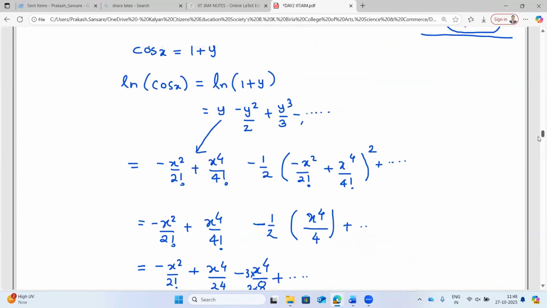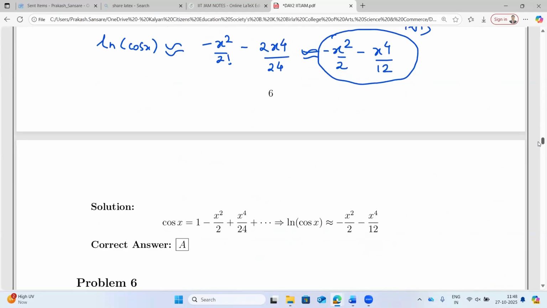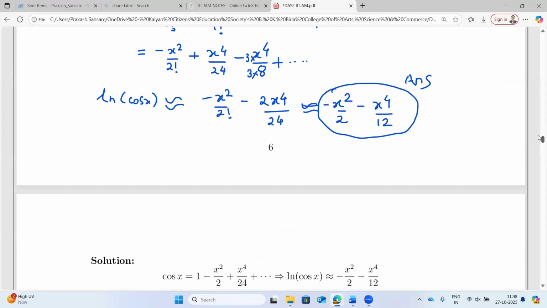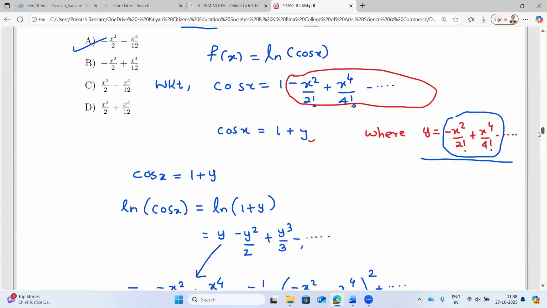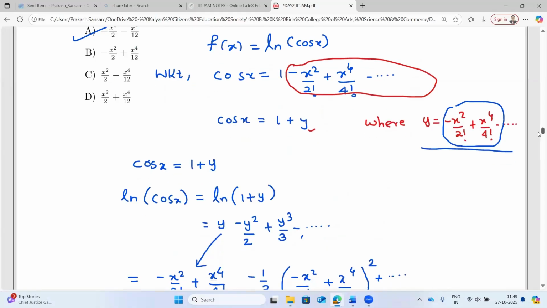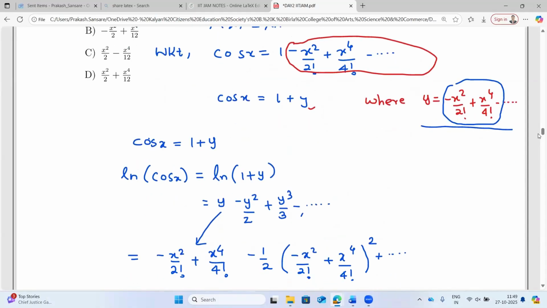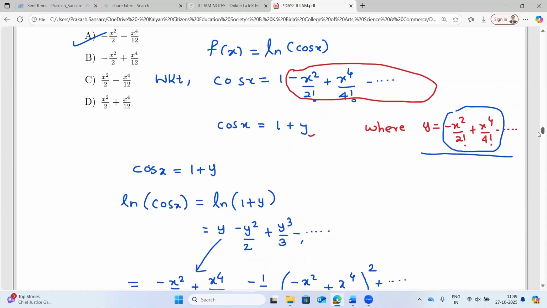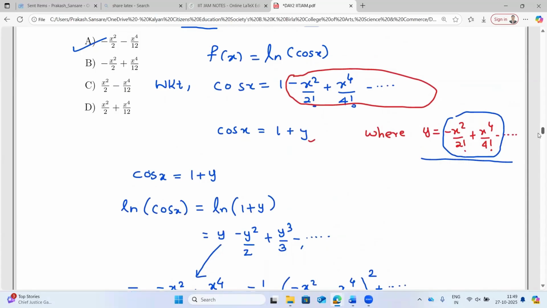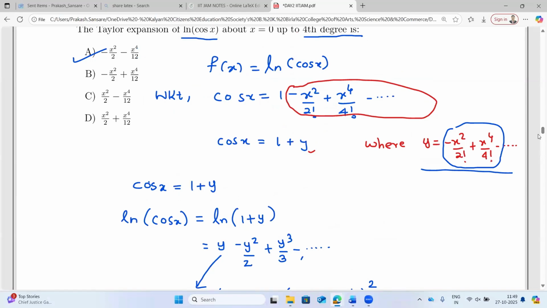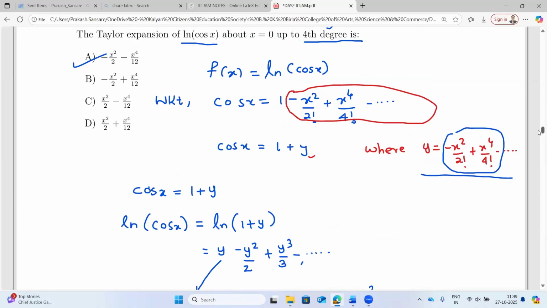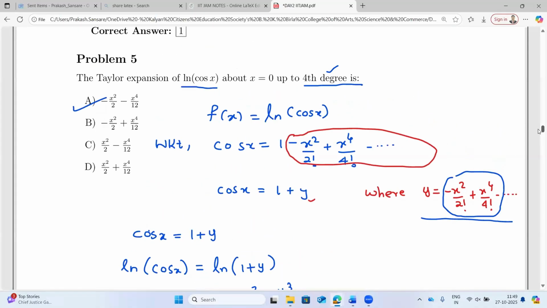Sir, here in log of 1 plus y, how do you know that mod y is less than 1? If you know, then we can apply the series for log 1 plus y.